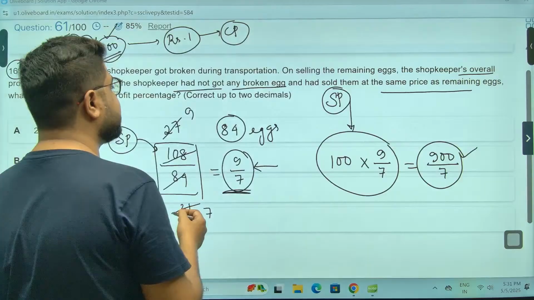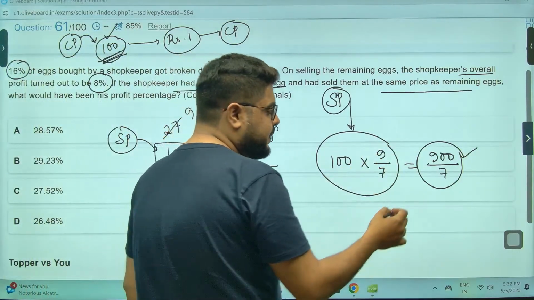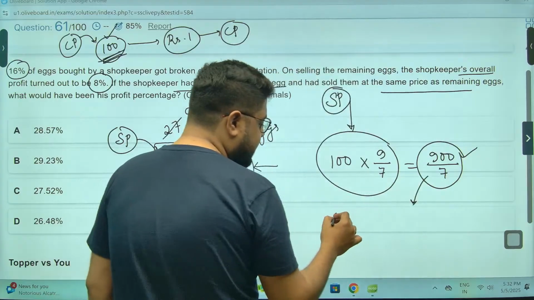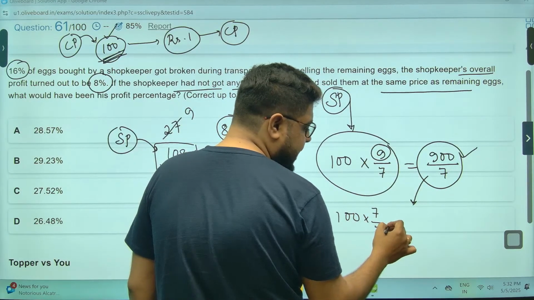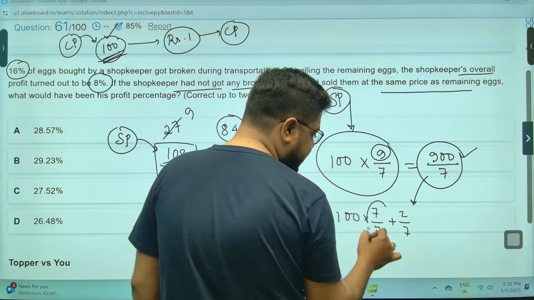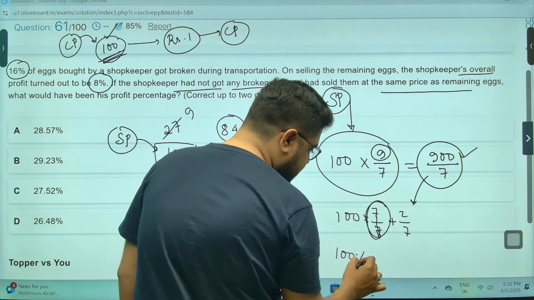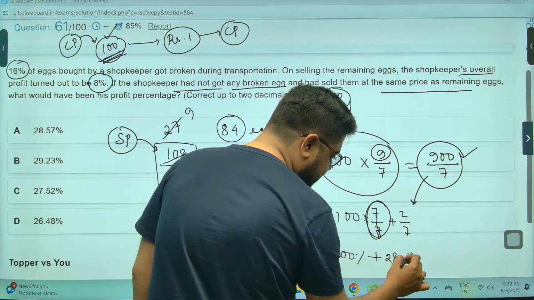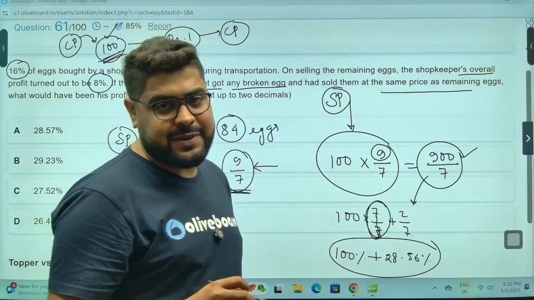Percentage they are asking. So CP 100 rupees, SP this much. 100 into 9 by 7 means 7 by 7 plus 2 by 7. So 7 by 7 is 100%, and 2 by 7 gives you 28.56%, because 1 by 7 was 14.28%.